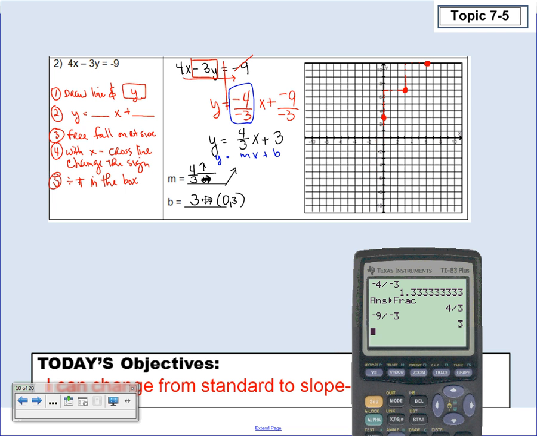Now we can connect our dots, and I see as I'm drawing my line through my dots, I am doing an increasing line.